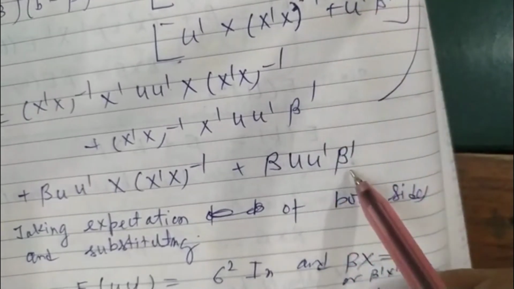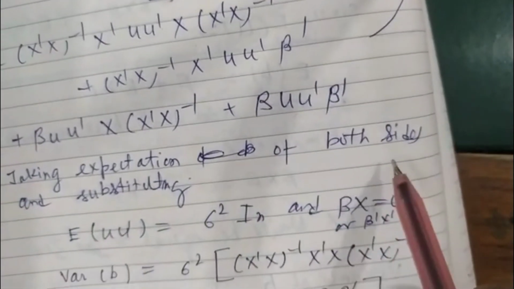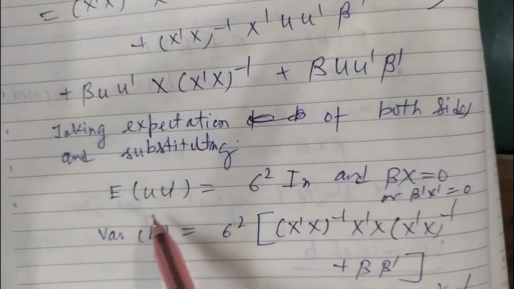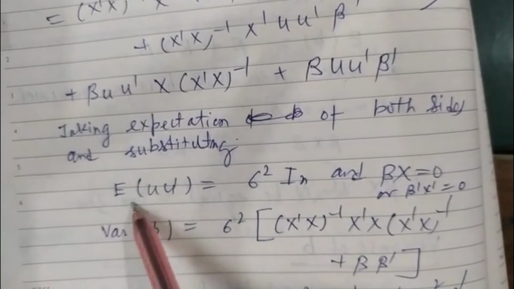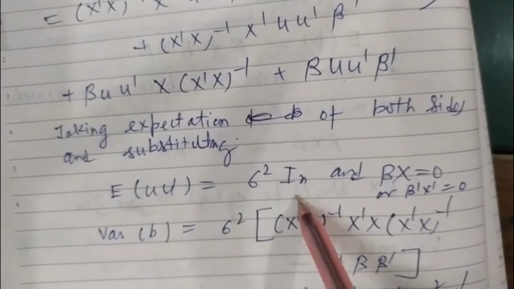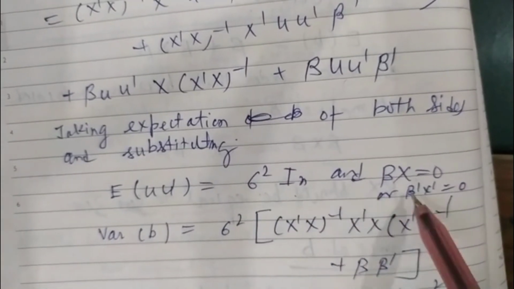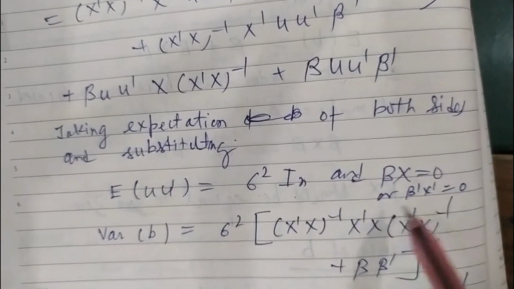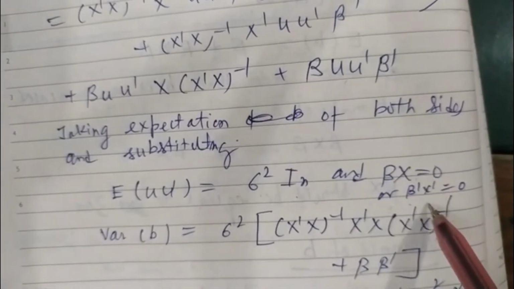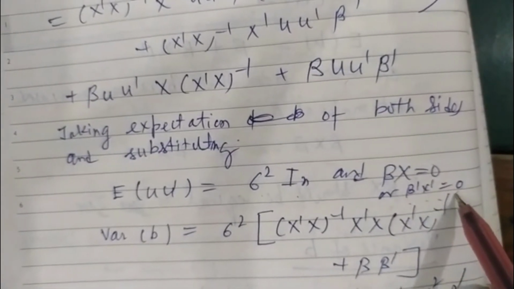Taking expectation of both sides and substituting the assumptions, we know E(uu') is σ²I_n and BX is equal to 0. It means B'X' is also equal to 0.